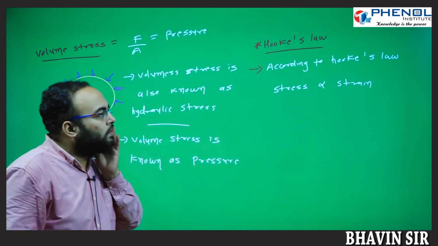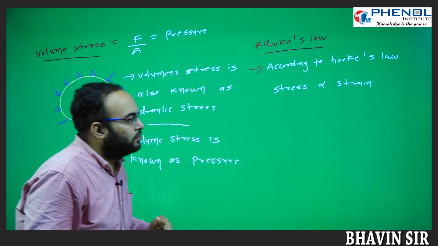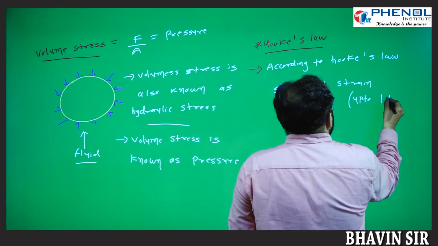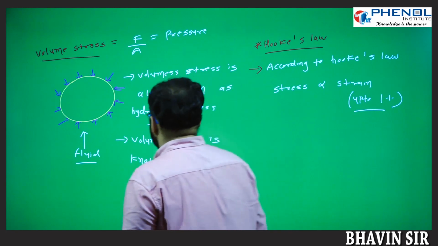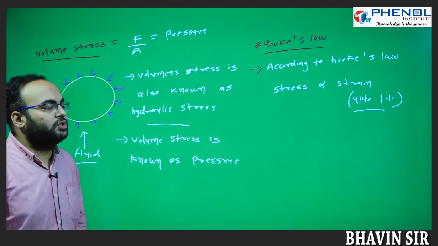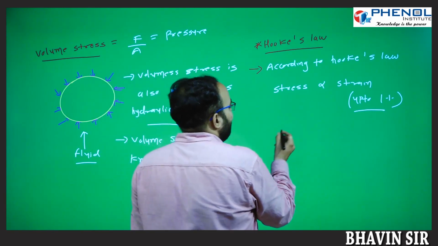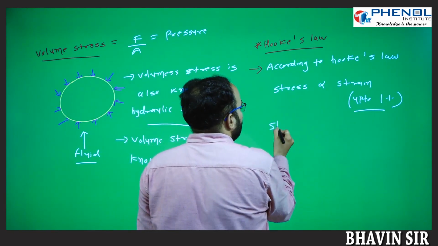So according to Hooke's law, stress and strain are proportional to each other, but up to the limit. We will see the graph of this here. So stress and strain are proportional to each other.